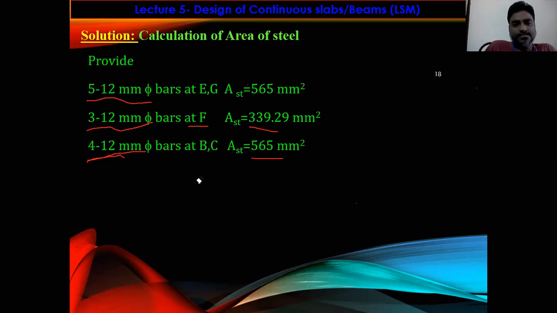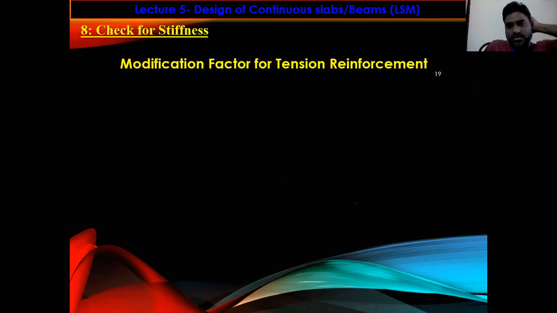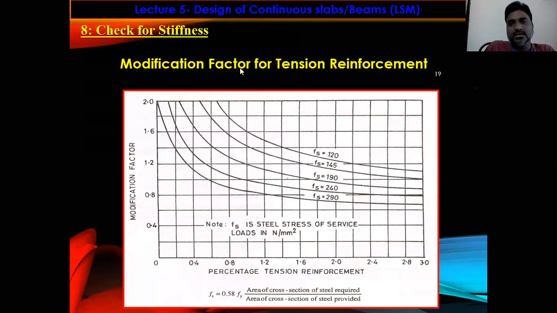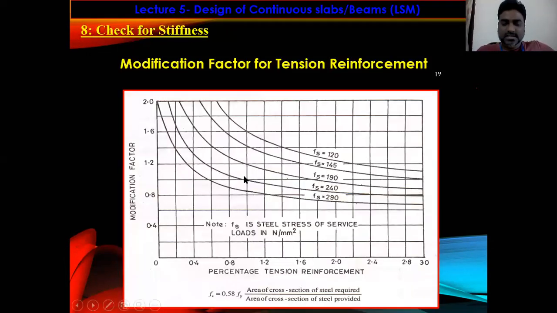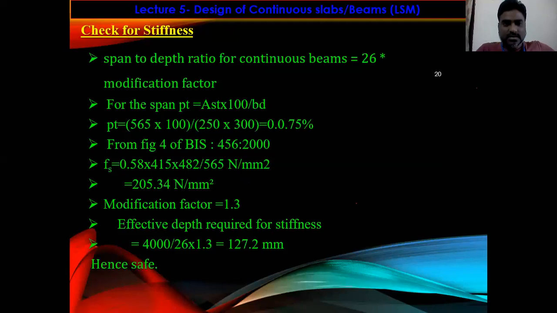Next is the check for stiffness, right? For checking stiffness, for continuous beams, the span to effective depth ratio is 26 into the modification factor. This modification factor depends upon the percentage of steel provided in the tension zone and the f_s value.